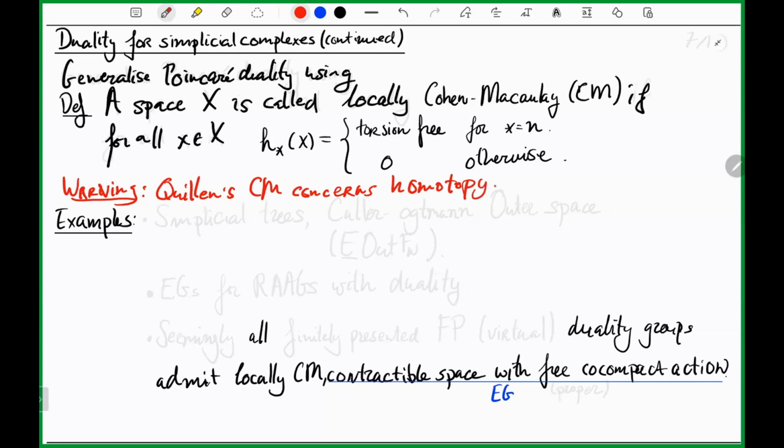If you have seen the word in the algebraic topology world, it's often used to mean this homotopical condition. The one I mean here is this homological condition. It's just a little warning.